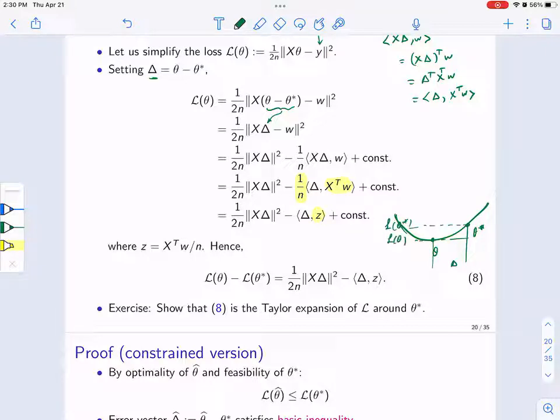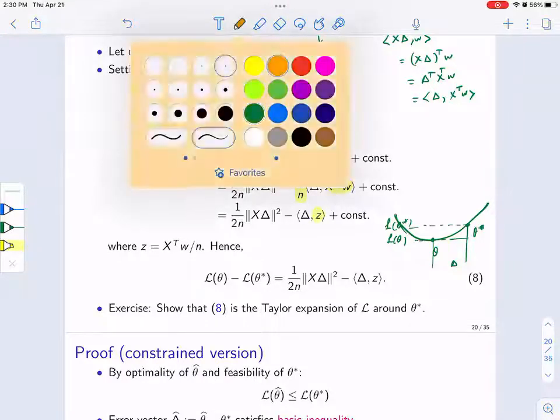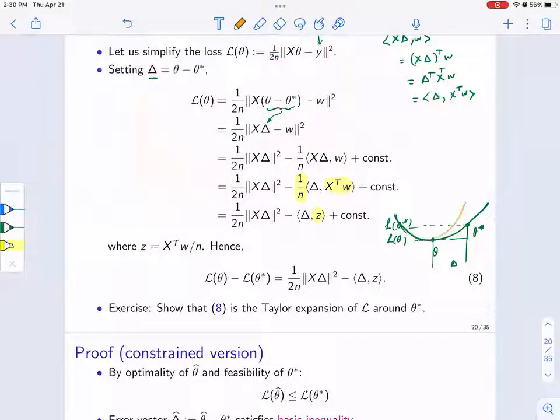Okay, and if you imagine this is univariate, this is controlling the curvature. This is a linear term. This tells you how much curvature you have, if you move away, how curved this is. And you can see that the RE condition is actually controlling the curvature here.